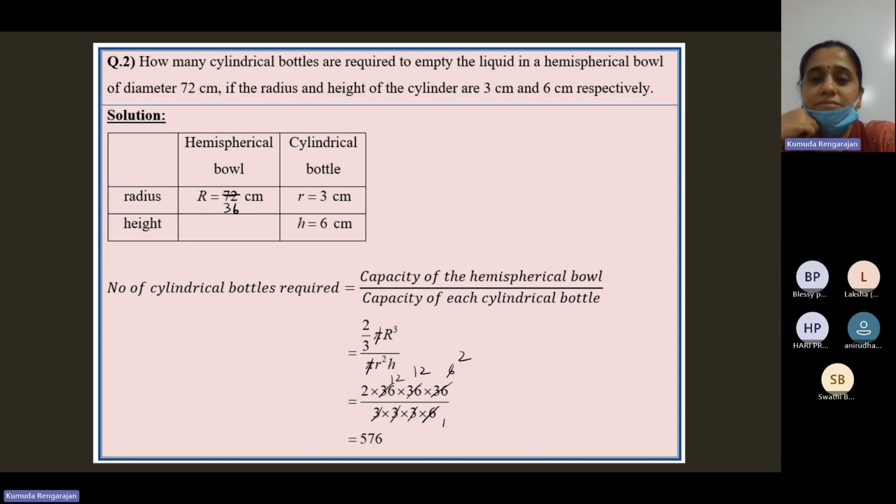All right. Capacity, volume, anything you can write.